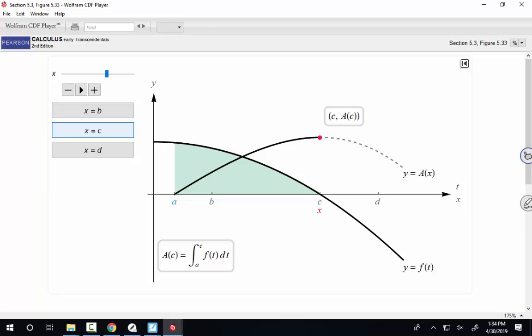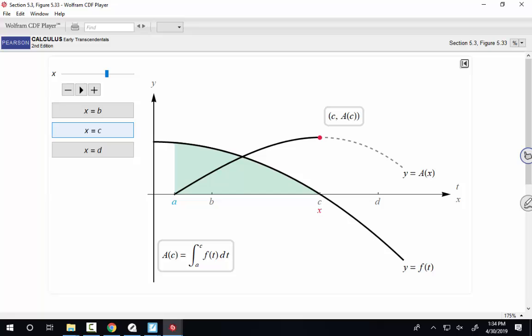So at x equals C, there is no gain or loss of area, which is why we see this maximum here on the area function. In other words, if we thought about the rate of change of area, the slope of the tangent line at the area function is 0, right? It's a horizontal tangent line, or a 0 rate of change.